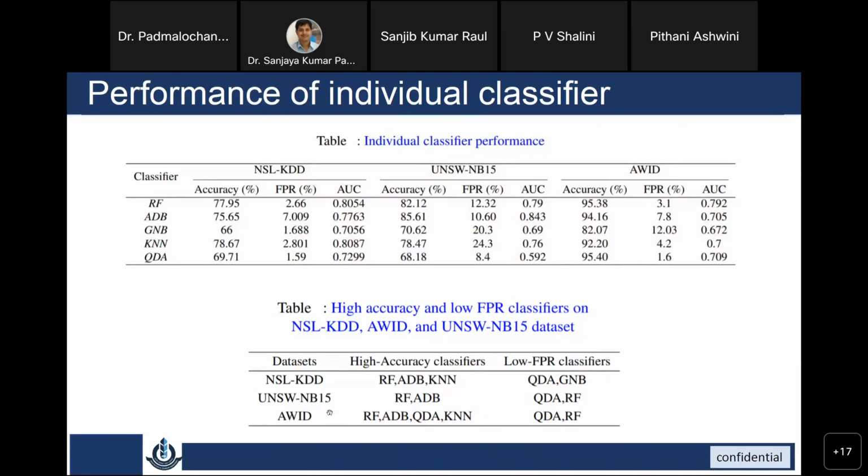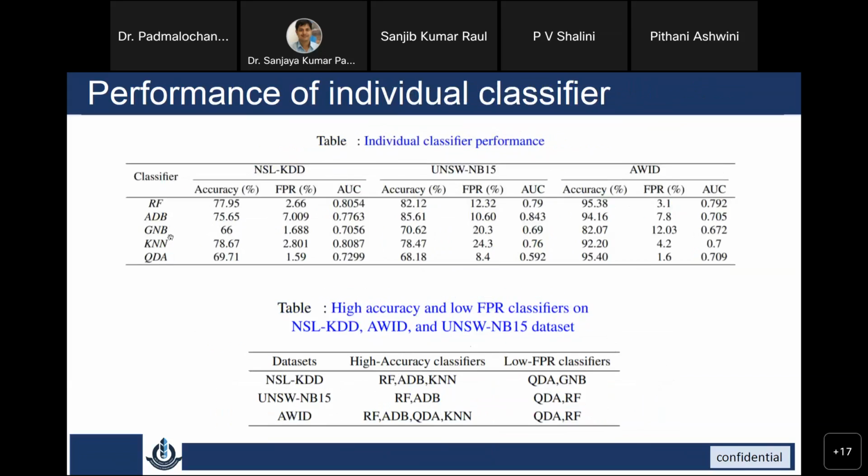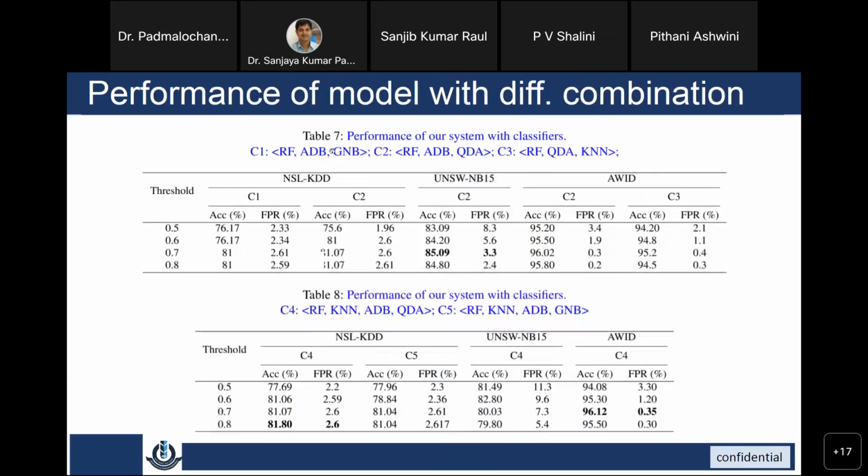Therefore, in the next experiment we took combinations of classifiers. Those were individual classifiers. Now we have used combinations like RF, ADB, GNB together, RF, ADB, QDA together, and RF, QDA, KNN together.